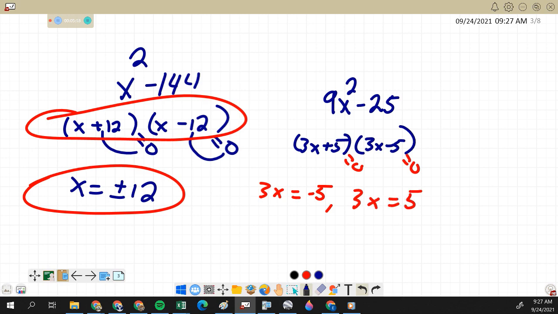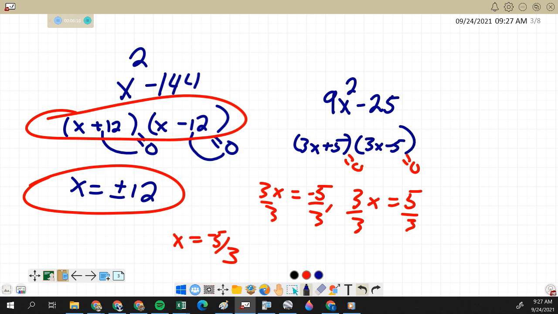Okay. And then what? Divide by 3. And we get x equals negative 5/3. Is everybody okay with those? All right. Now, no? Do you need to see another one?